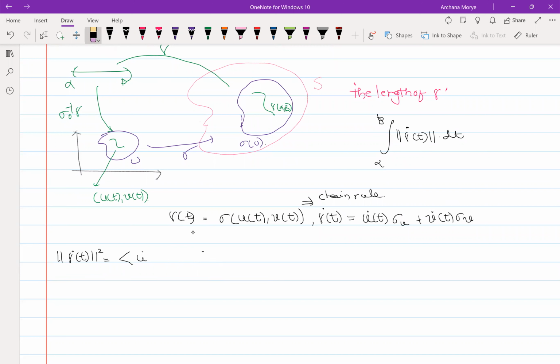So this is u dot sigma u plus v dot sigma v, times u dot sigma u plus v dot sigma v. So what do you get? u dot squared times the norm of sigma u squared. And the norm of sigma u squared we denote by E, right? So we'll write it as E. You remember now? Yes.